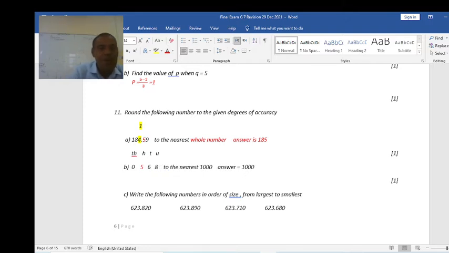So in order to round this number to the nearest 1000, my learners, I will work with the 100 column, which is 5. From 5 and more, add 1 to the 1000 column value. This is 0 already, no need to write, but I want to explain this for you. So the one that you are going to add, you will add to the 1000 column. So it will be 1 and the rest will be 0. So that's why the answer should be equal to 1000.